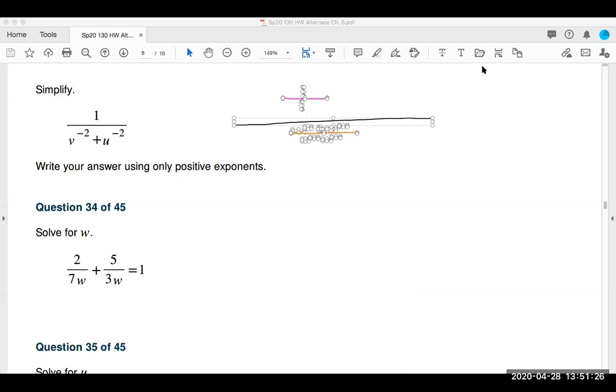So here we have a fraction over a fraction, so we can rewrite that. One fraction divided by 1 fraction. We're going to write 1 over 1 divided by u squared plus v squared over v squared u squared.